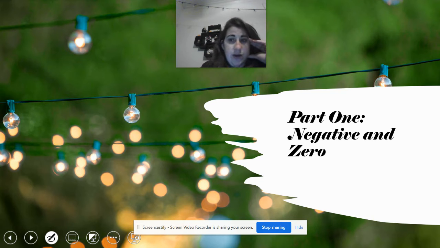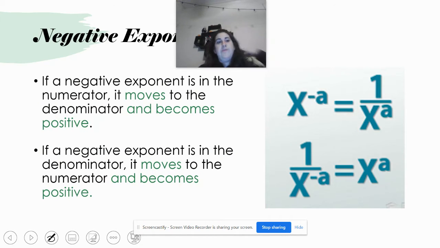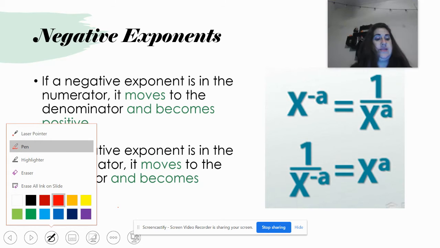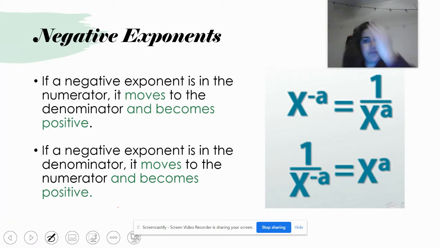Okay, so part 1 is negative and zero exponents. Negative exponents: if you have an exponent that is negative, for example, in this picture here, we have x to the negative a. Now, we can write this as a positive exponent by putting it under 1.